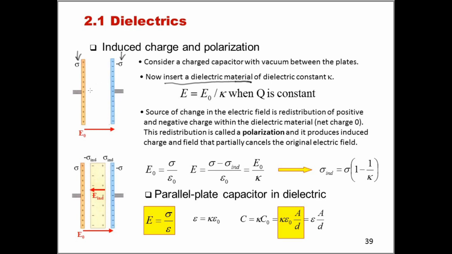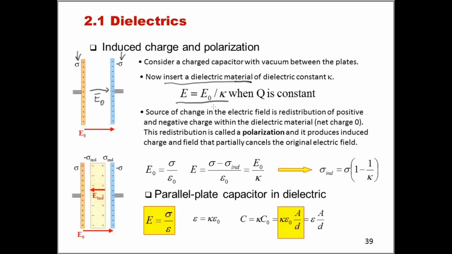So what we notice is that the electric field, which in the case of the capacitor in vacuum is E0, lowers once we insert the material, and the new electric field is E0 divided by a certain constant K, which depends on the material.